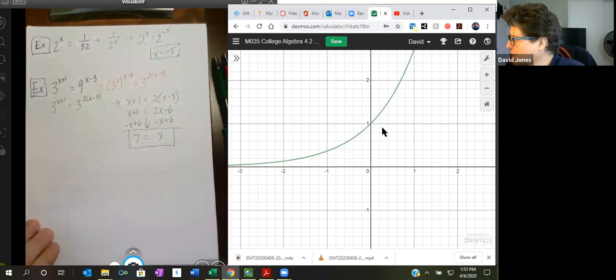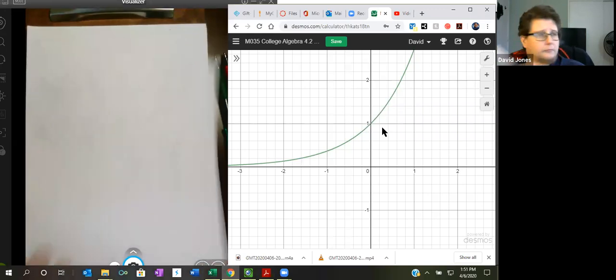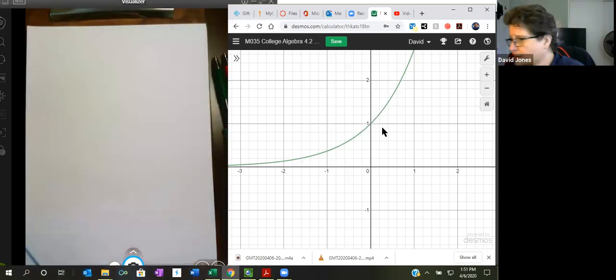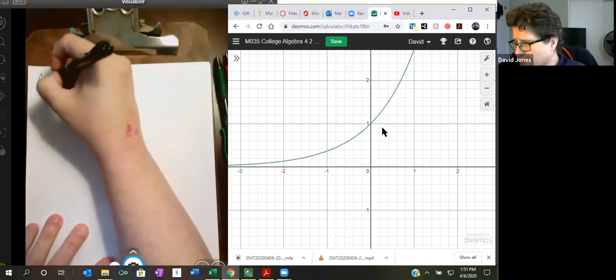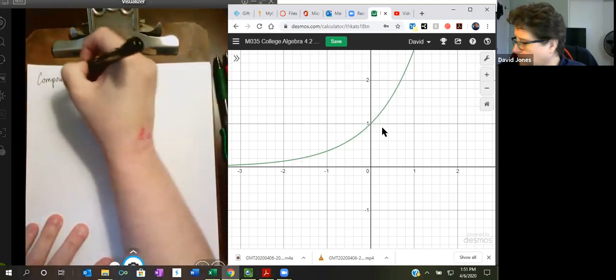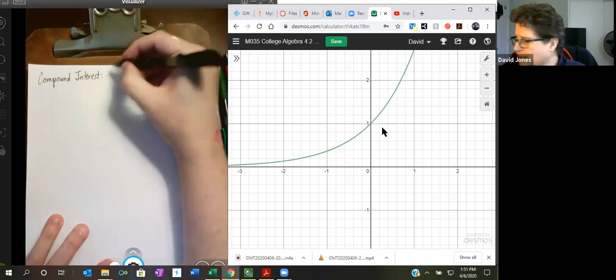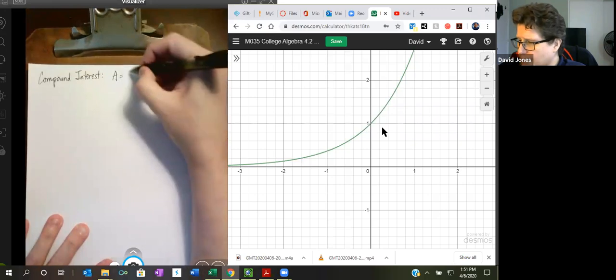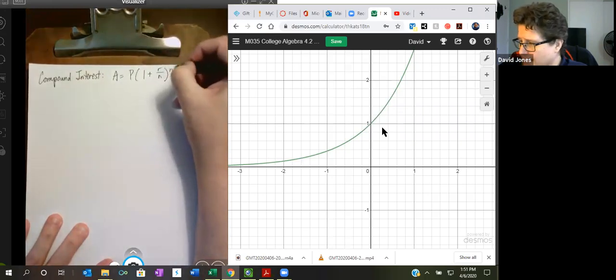Another spot this shows up in is compound interest. So let's look at a compound interest problem. Compound interest follows the equation A equals P times 1 plus r over n to the n times t.